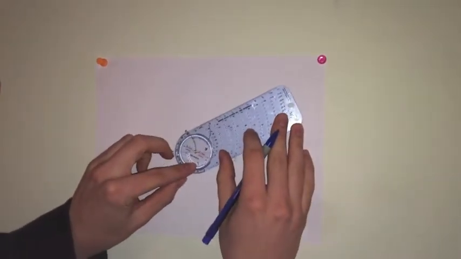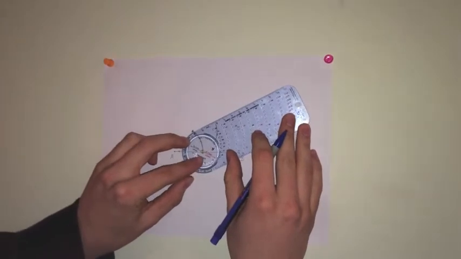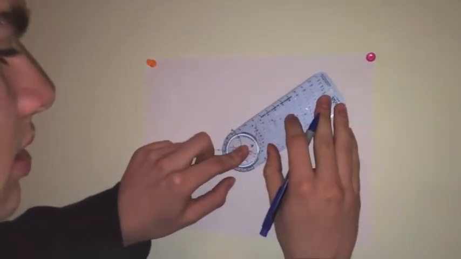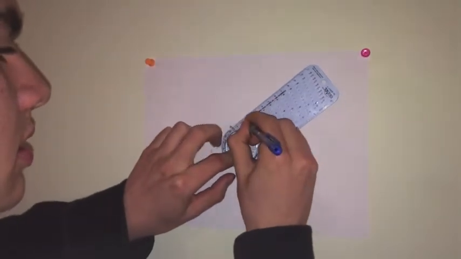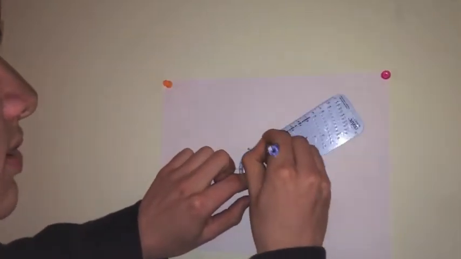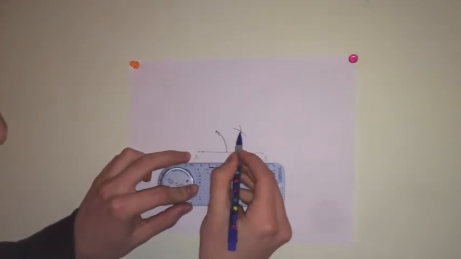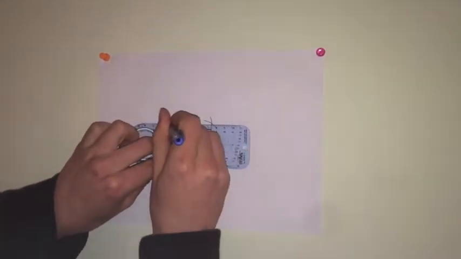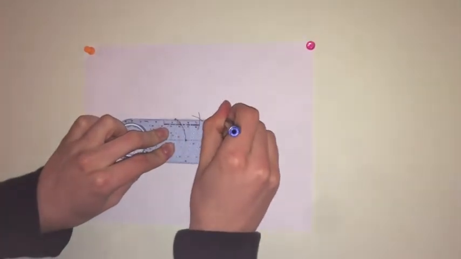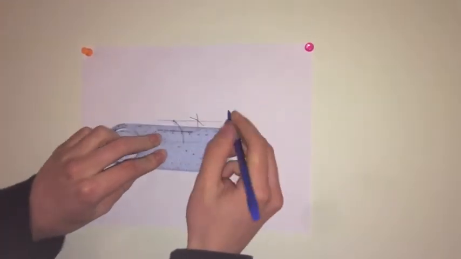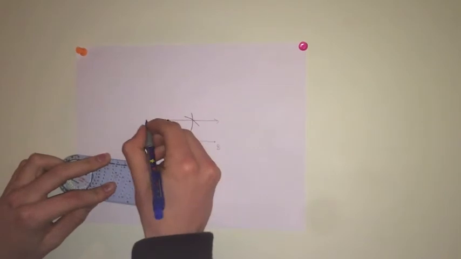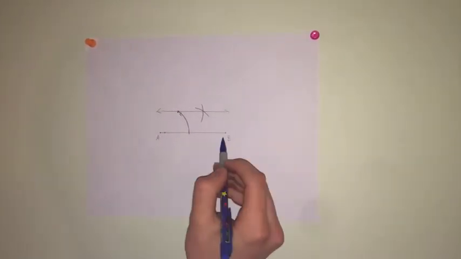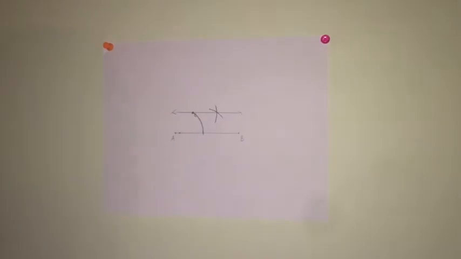Next, you use the point you created at the line segment, and you create another point right here. You connect these points using your straight edge, place arrows, and now you have a parallel line with the line segment you started with.